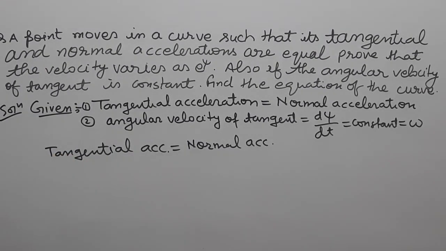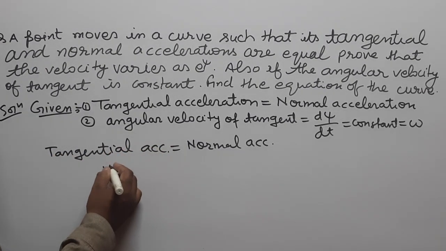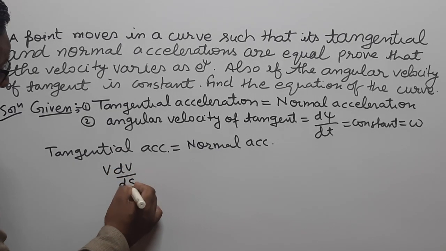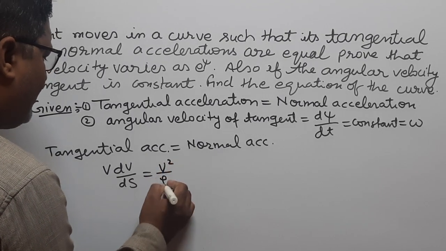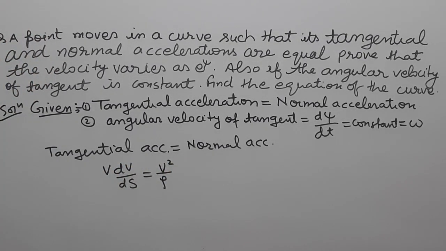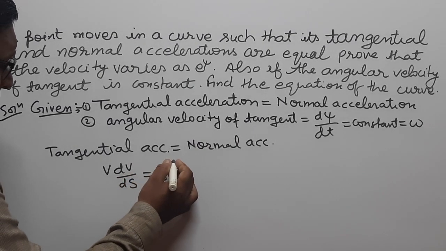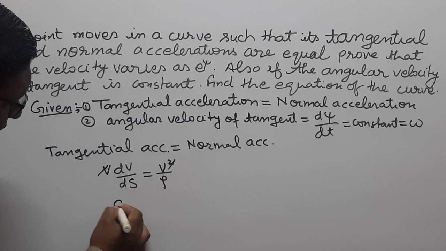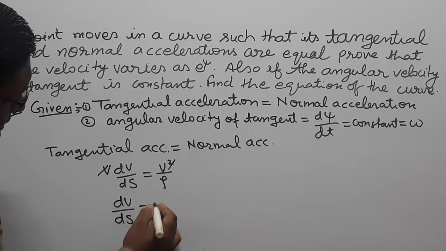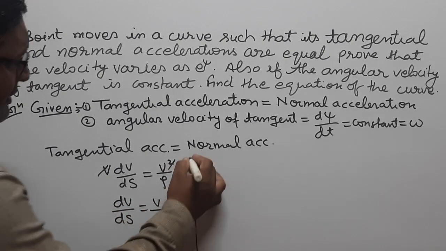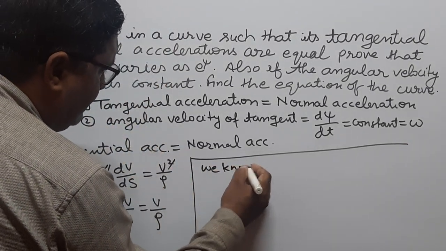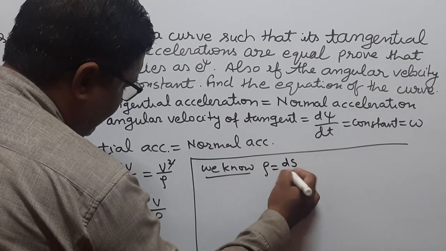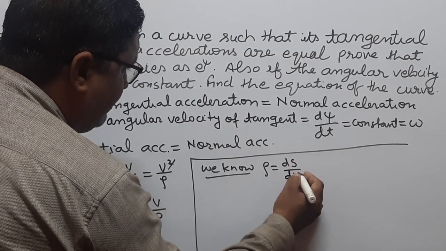We know that the formula for the tangential acceleration is v dv upon ds, and the formula for normal acceleration is v square upon rho, where rho is the radius of curvature. Now this v is cancelled, so this can be written as dv upon ds is equal to v upon rho. Also we know that the radius of curvature can be written as ds upon d psi.